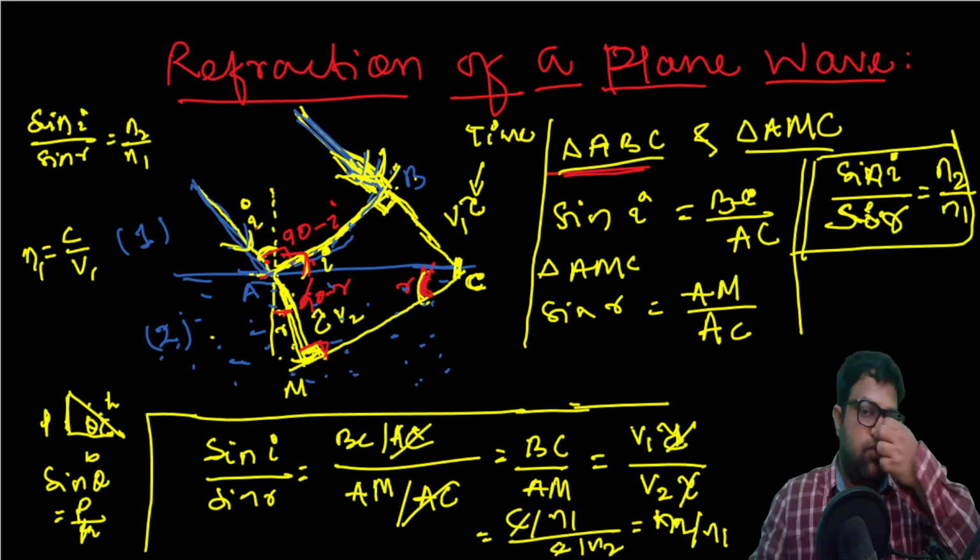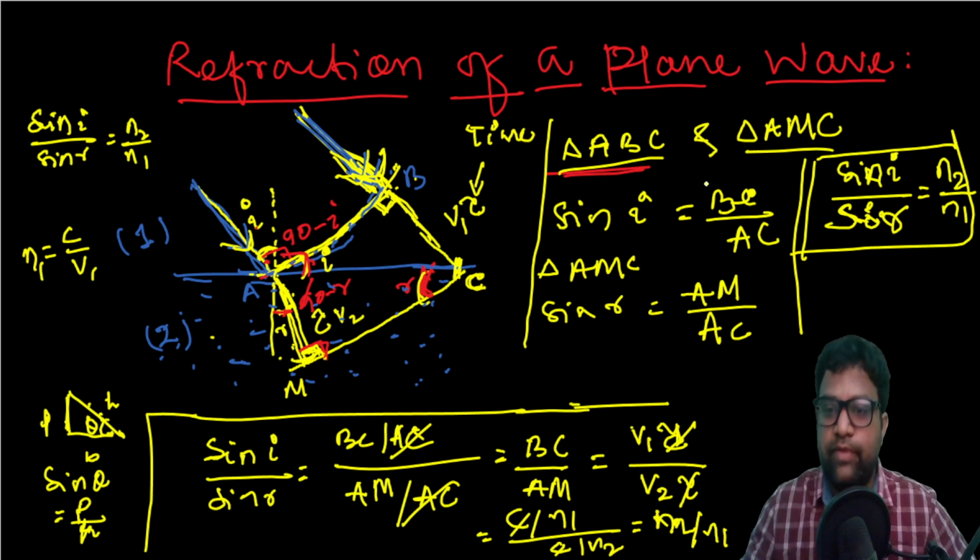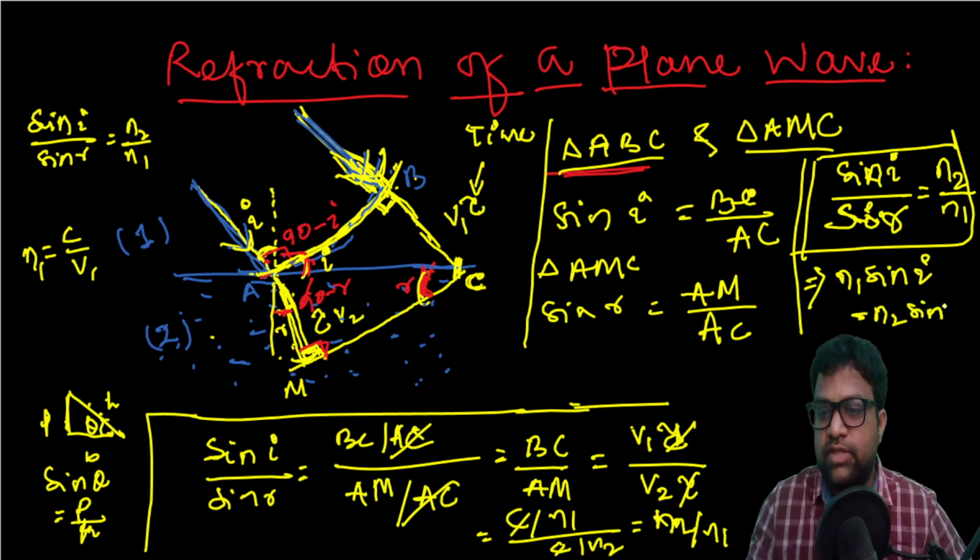So this is the proof of the refraction of light by a plane wave. So if we are considering light as a plane wave, let's say with a wave front AB instead of a single ray, then also we proved easily that it is obeying Snell's law, that is sin I by sin R is a constant, or you can also write like this, cross multiplying, N1 sin I equal to N2 sin R. Okay, so just cross multiply.